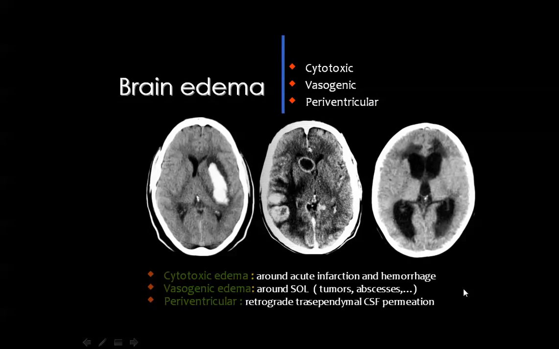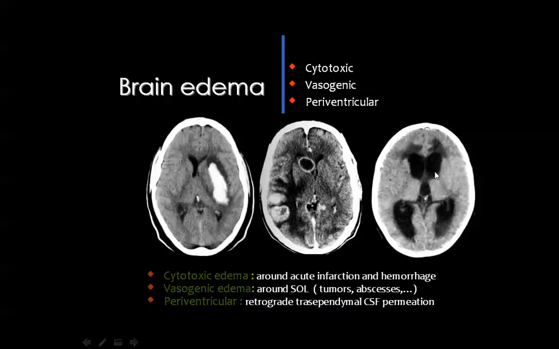Then the brain edema are one of three types: the vasogenic edema, which is a finger-like hypodensity around some of the lesions, the cytotoxic edema, which is a rim of hypodensity around some of the lesions, and periventricular edema, which is the edema around the obstructed ventricles due to obstructive hydrocephalus.